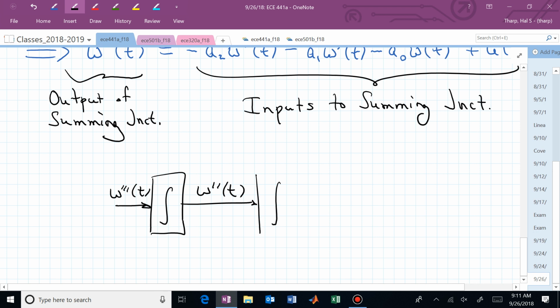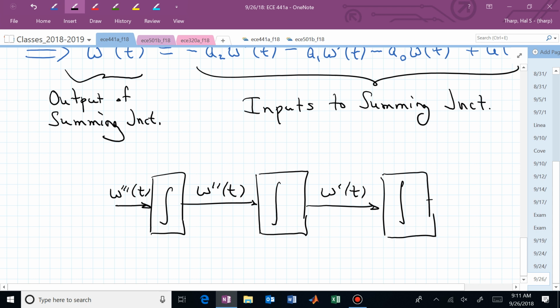Integrate another time, w prime, and integrate one more time, and I now have w of t. And I can see that I'm actually going to have to get the tape out and extend my page in width in addition to height. I didn't give myself enough space, and I just cautioned you on that.